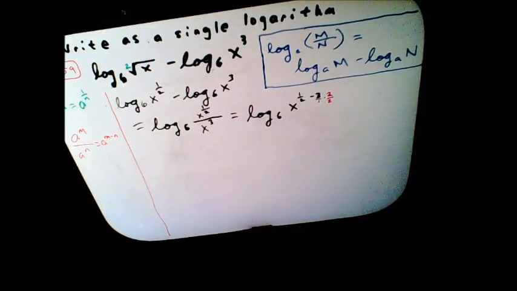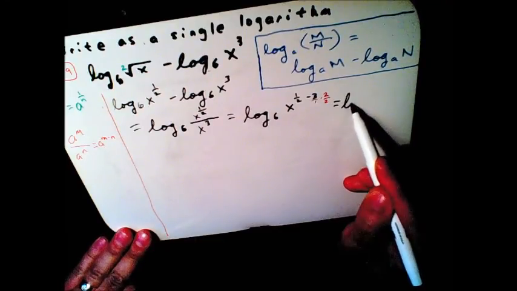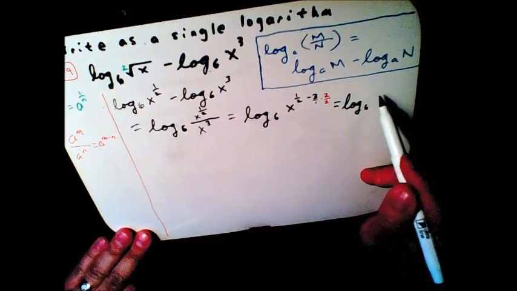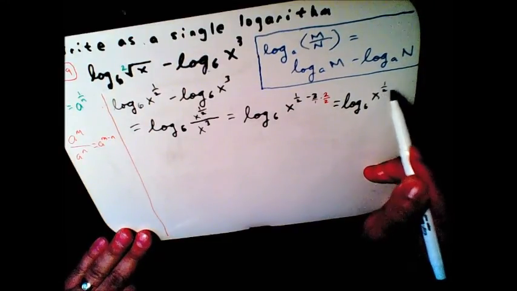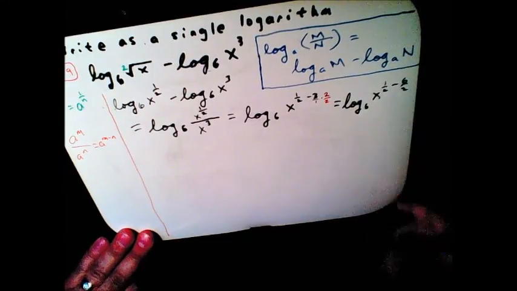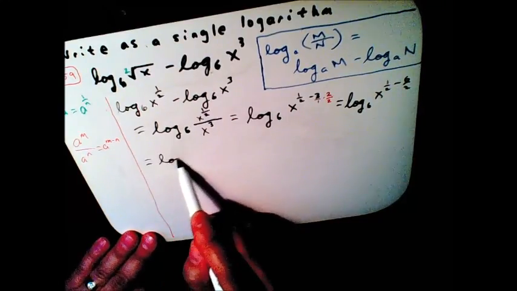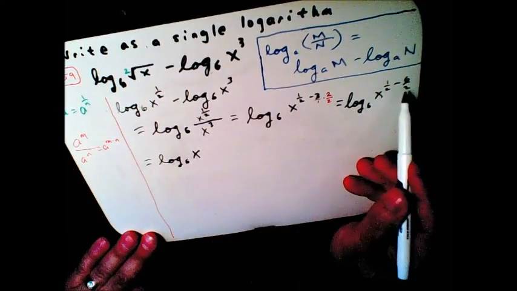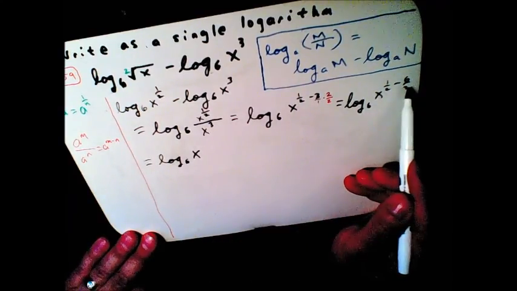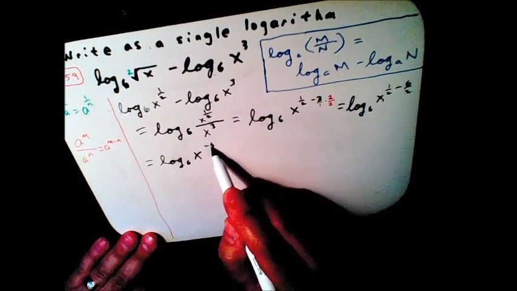So we could take a step to write that just to make sure everything's absolutely clear. Log base 6 of x to the 1/2 minus 6/2, which is log base 6 of x to the negative 5/2. 1/2 minus 6/2, negative 5/2.